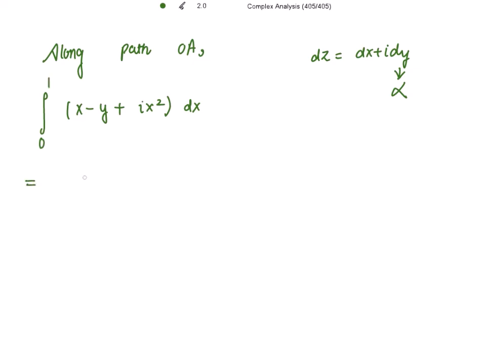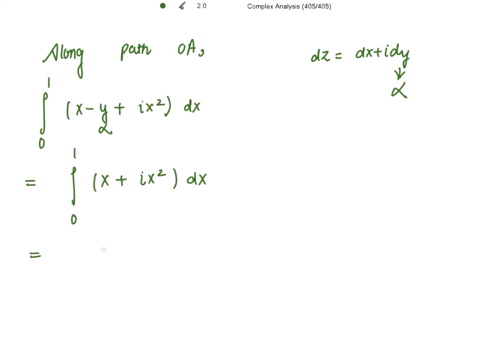And now integrating this, the integration from 0 to 1 of x, y disappears, it vanishes, plus iota x square dx.